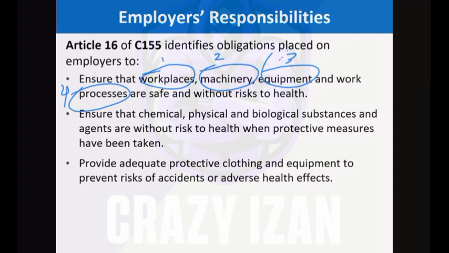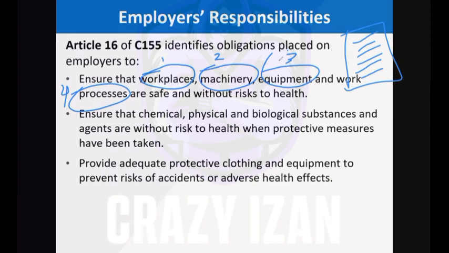So usually, in the paper, a question might come. As I told you guys, the question paper for unit 1 is going to be scenario based. So you will be given a scenario about a company, and the question might be asked about whether that organization is fulfilling their legal responsibilities or not.